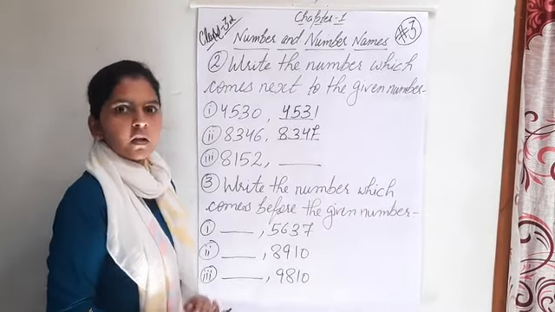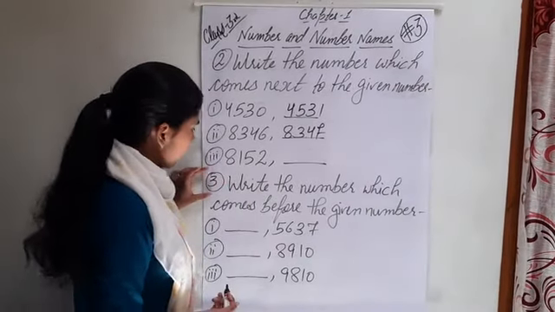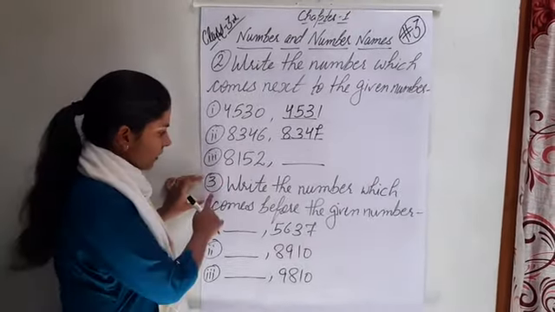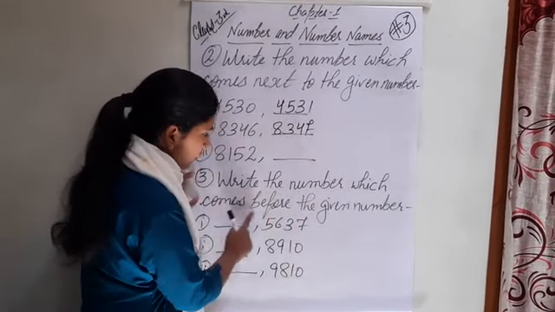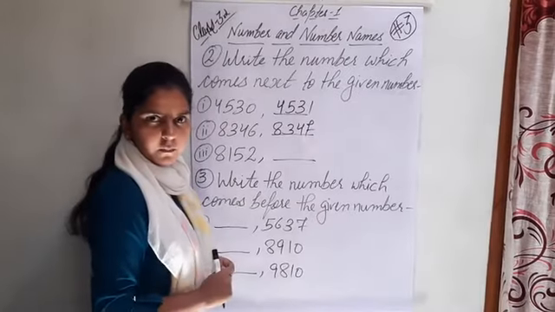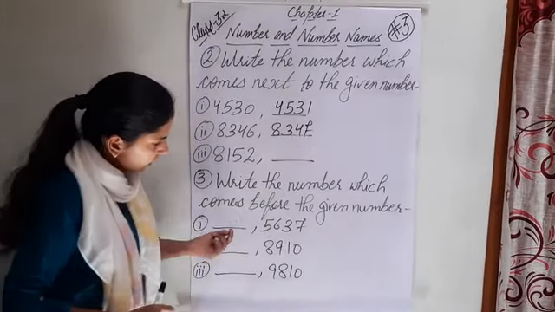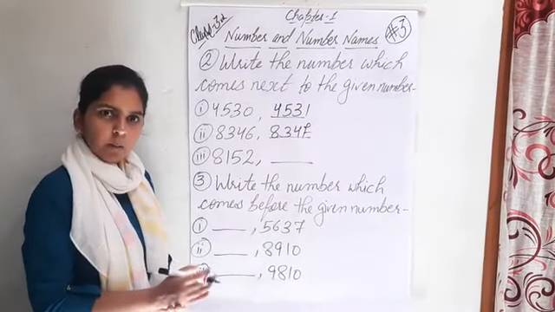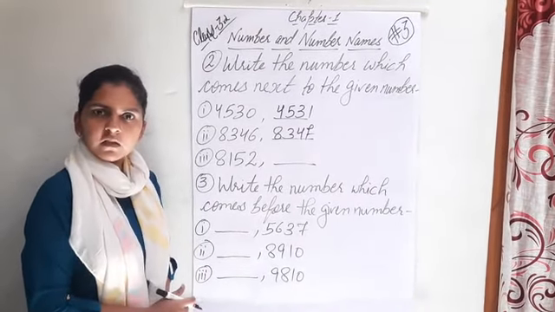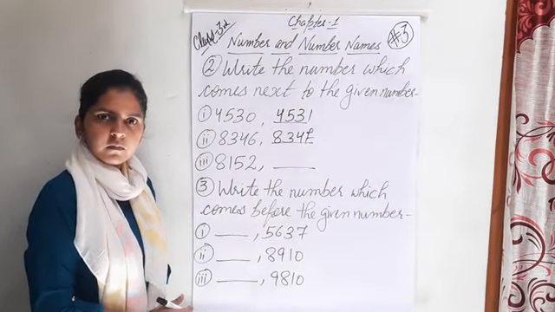Okay students, let's move to the next question. The next question is, write the number which comes before the given number. I told you number before the given number means predecessor of the number, right?